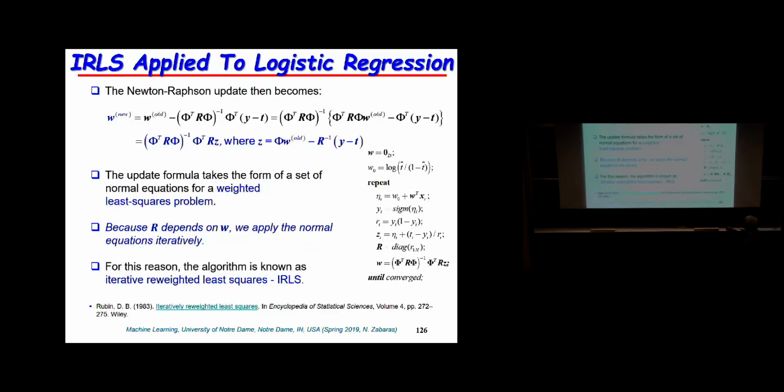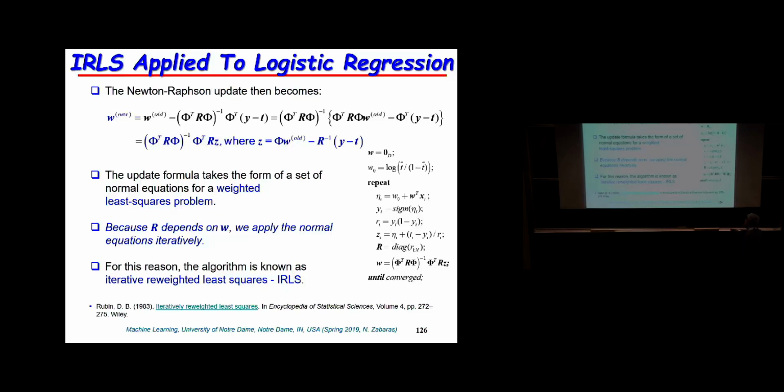So we see the Newton updates. The W new is the W old minus the Hessian inverse times the gradient, which is phi transpose (y minus t). And if you rewrite things, what you get is (phi transpose R phi) inverse, phi transpose R z, where z we have defined iteratively as this vector.